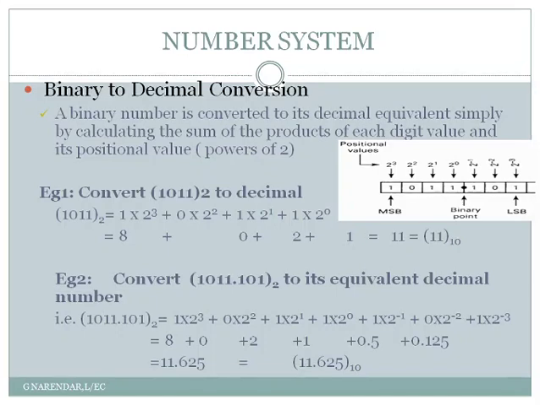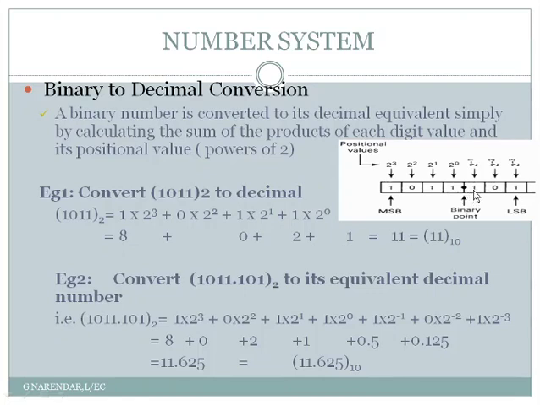In the binary number system, every position has its own positional value. The diagram shows a small number, 1011.101, and this dot is called the binary point.